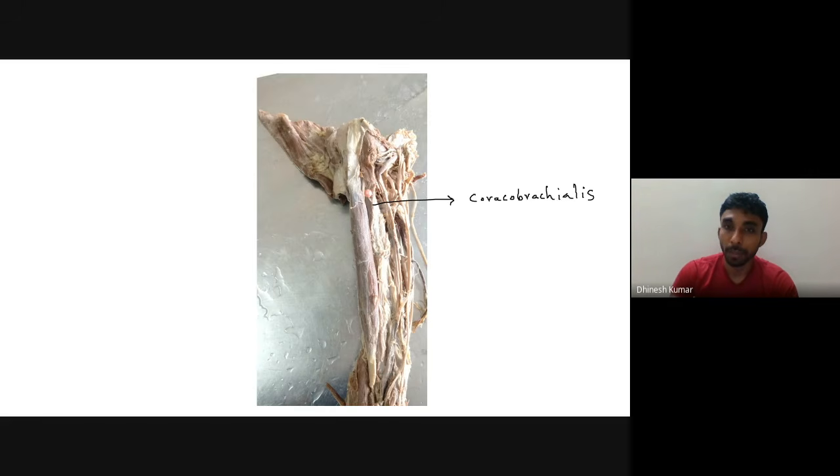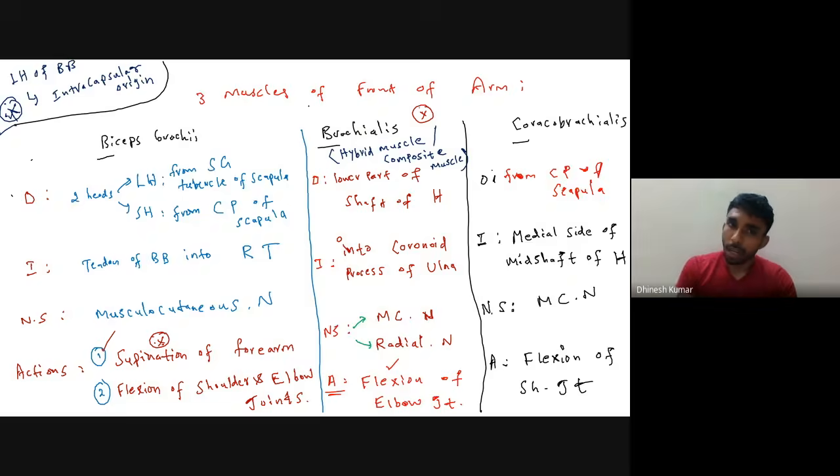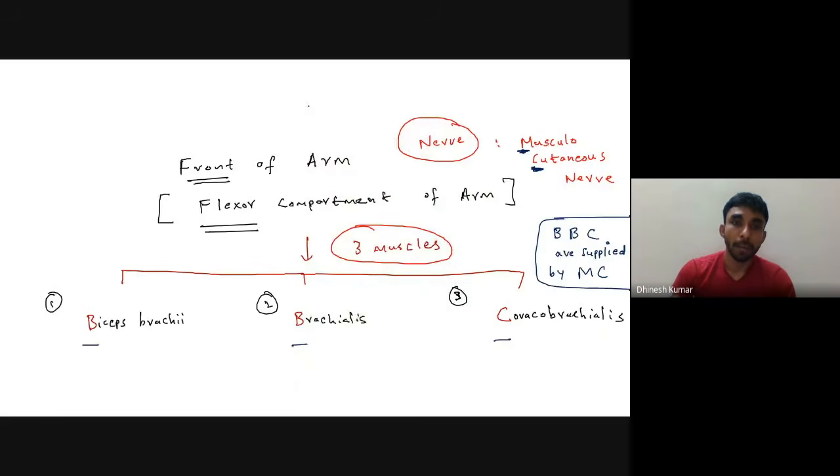This is the site of origin, and the fibers are inserted somewhere here. In this diagram, this is the medial side, this is the lateral side, and this is the deltoid muscle, which is reflected laterally. So any of these three muscles of the front of arm can be pinned.